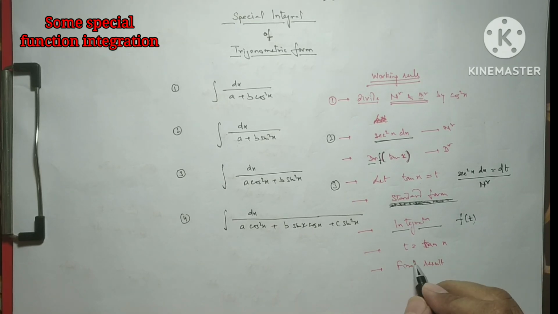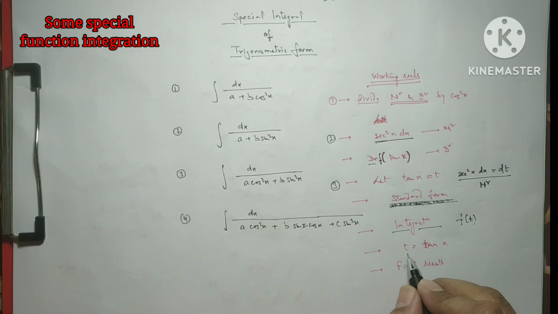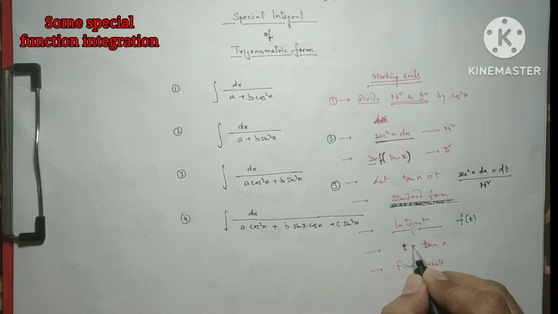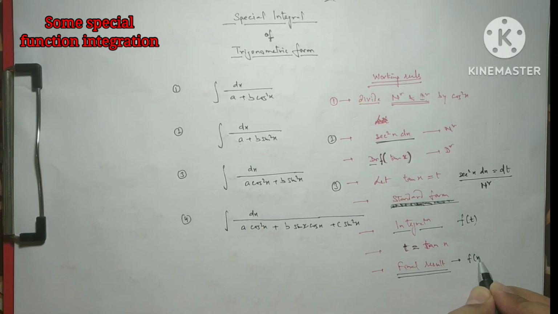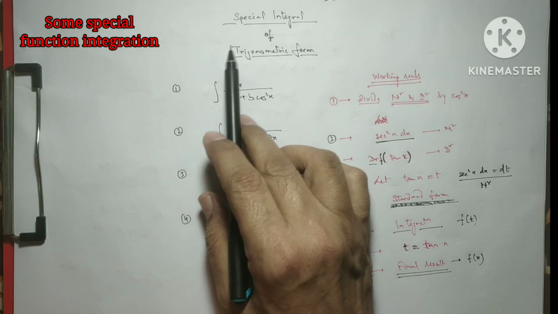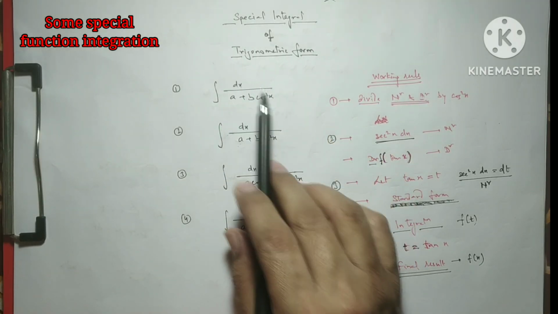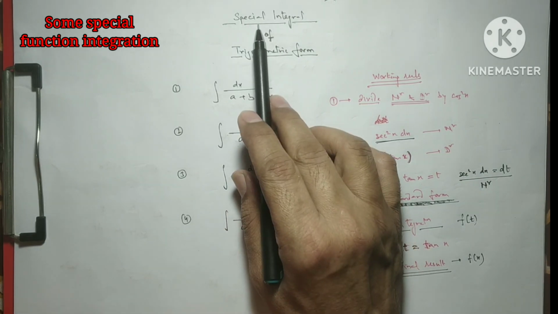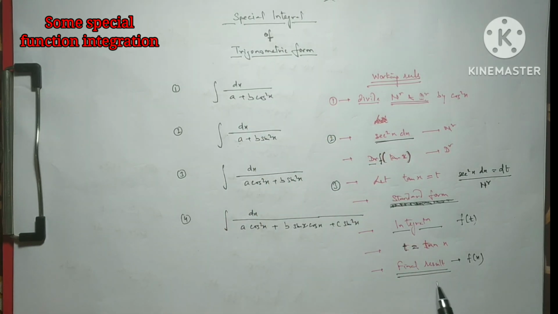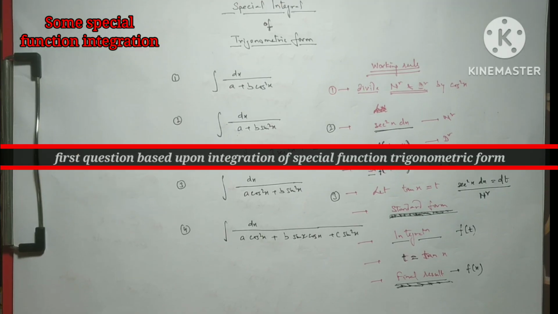So we use again the substitution. We substitute t as tan x, and we get the final result in terms of x. So this is the way that trigonometric forms of these four types can be converted into special integral, and then we can integrate easily, right?